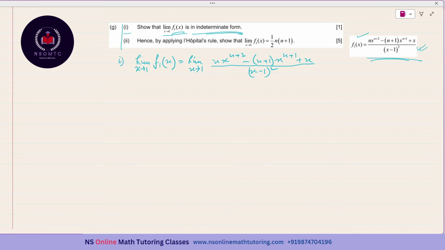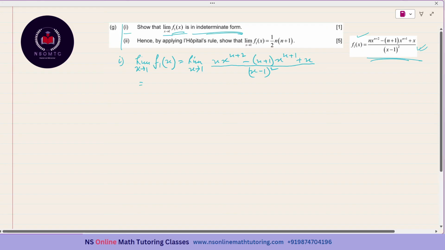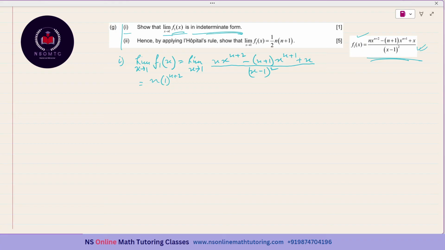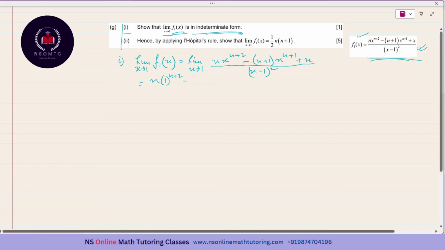This is equal to n times 1 to the power of n plus 2. I'm not writing the limit again because I am substituting 1 for x. The expression is having no more x, so I am not writing limit anymore. Minus n plus 1 times 1 to the power of n plus 1 plus 1 over 1 minus 1.